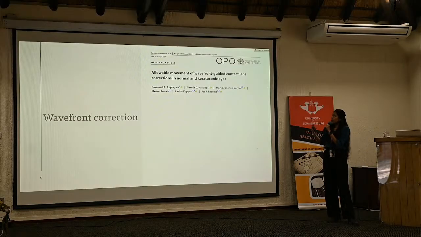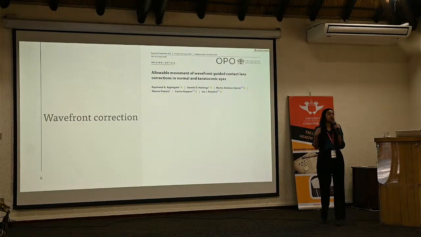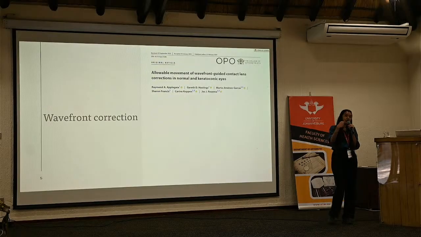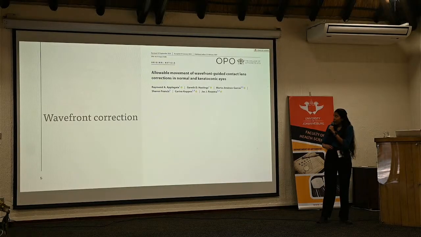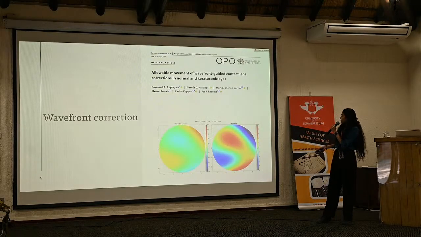From 2 to 8 orders of Zernike polynomials, picking an order, we take the Zernike polynomials, multiply them by the refractive index of the contact lens correction, and subtract that from the anterior surface of the contact lens. This is how the surface changes.